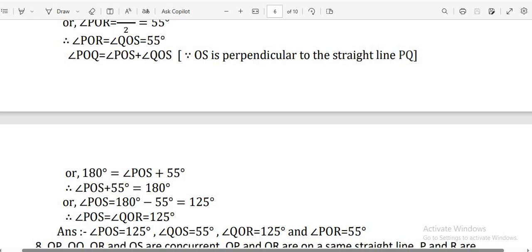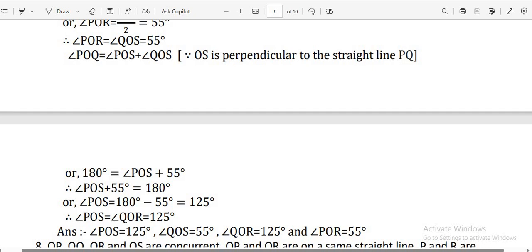So 180 degrees is equal to angle POS plus 55 degrees. Arranging, angle POS plus 55 degrees is equal to 180 degrees, so angle POS is equal to 180 degrees minus 55 degrees. Subtracting 55 from 180, we get 125 degrees. Therefore angle POS is equal to 125 degrees.